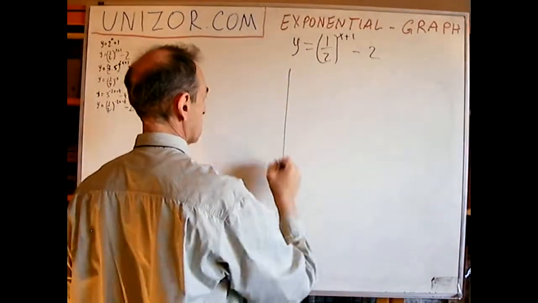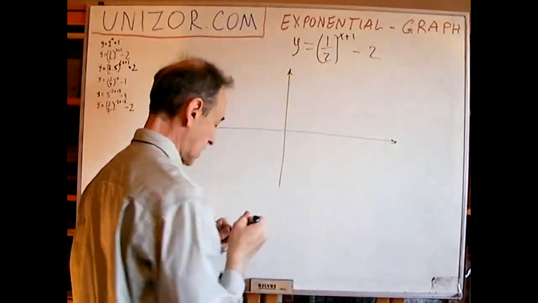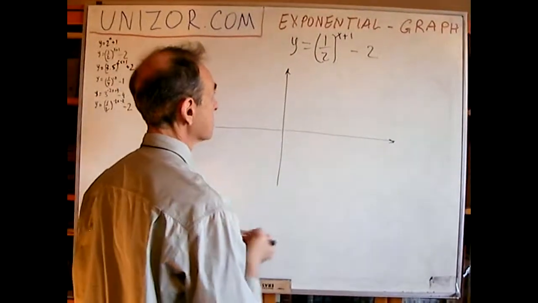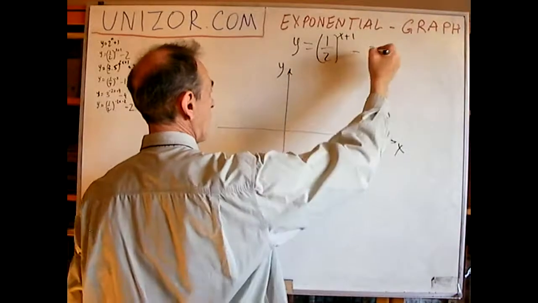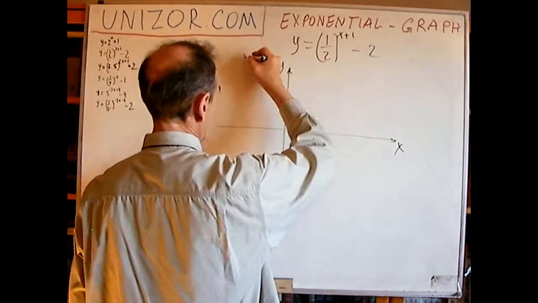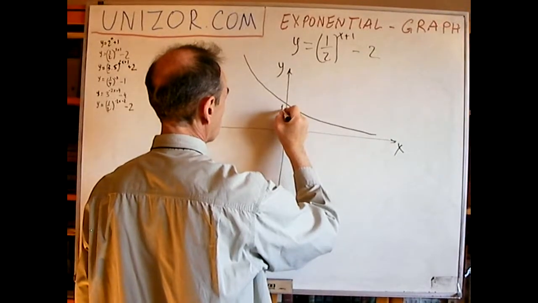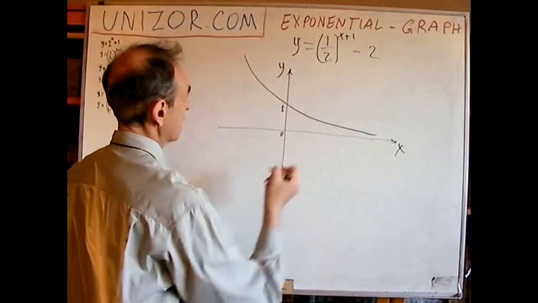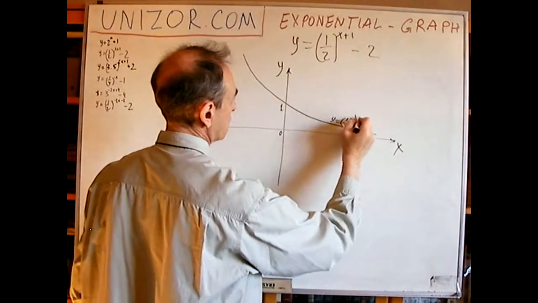Now, this is the case when the base is less than 1, which means that the function, instead of going this way, it goes this way. So this would be the graph, and this is the point 1. Okay, so this is y is equal to 1/2 to the power of x.